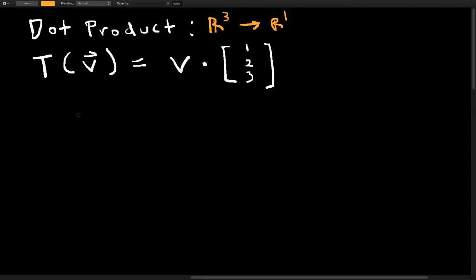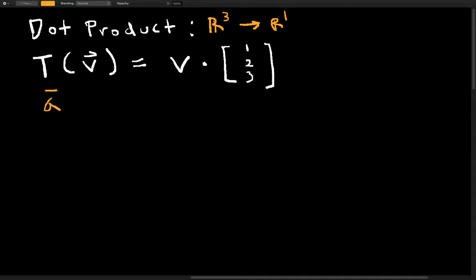So what would have to hold is that T of, let's define these two vectors right here.